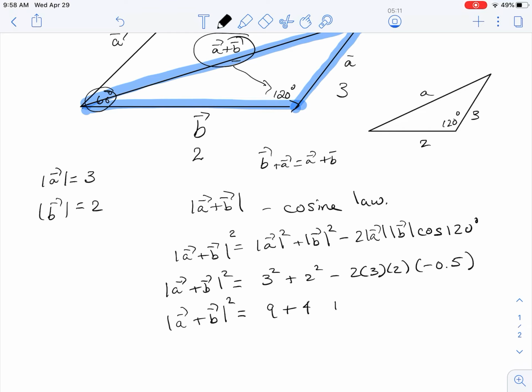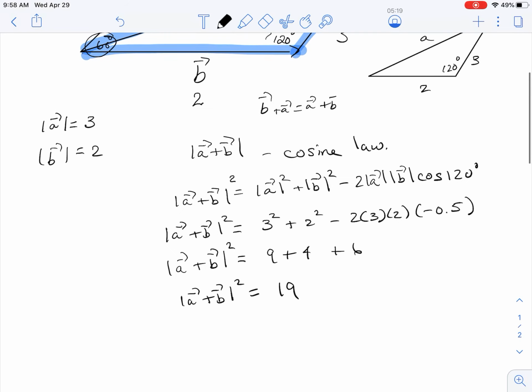So this would be 9 plus 4, and the 2 negatives are going to make it positive. So 19. Remember, you wanted the magnitude of A plus B, and because you used the cosine law, that was the magnitude squared, so you would have to take the square root.